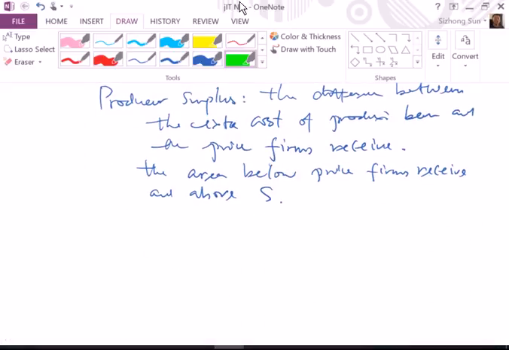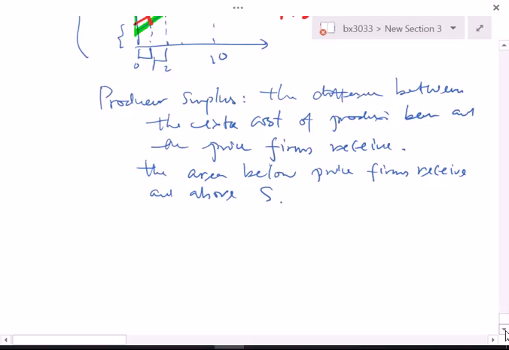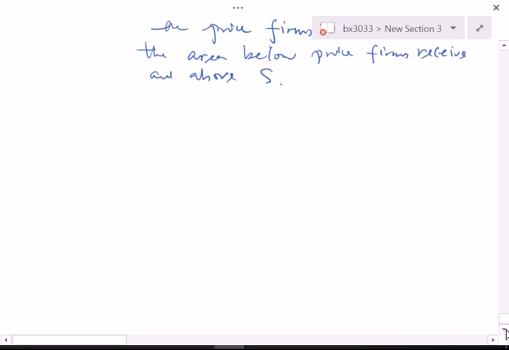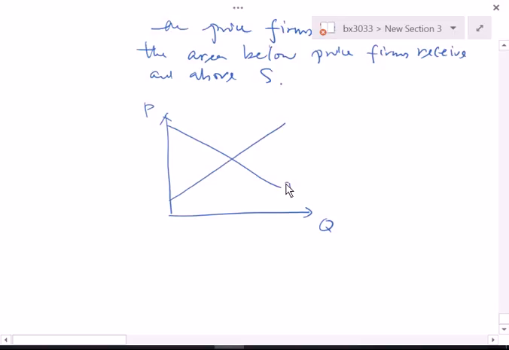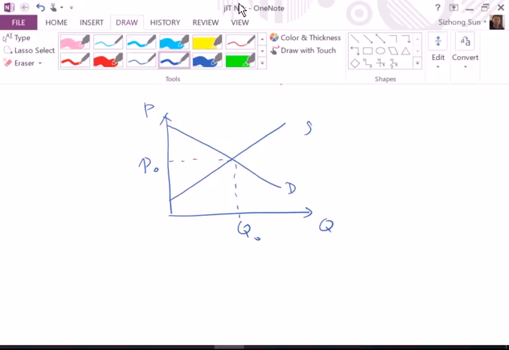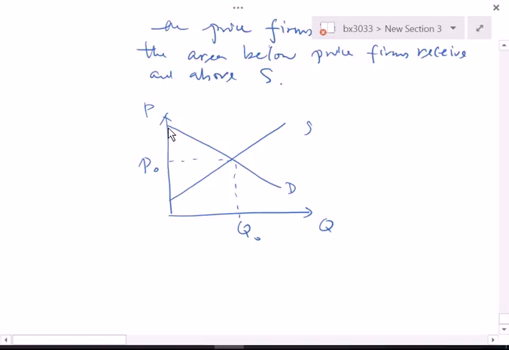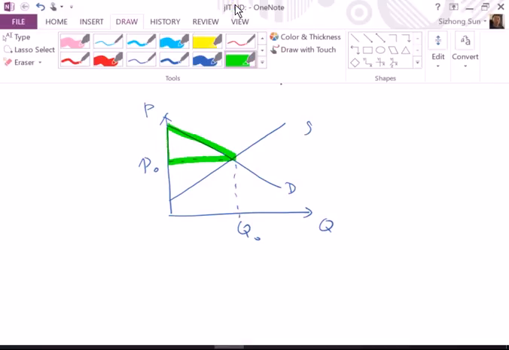So now let's put the demand together with the supply. That's the equilibrium. And we know that producer surplus is this area, this triangle. Consumer surplus is this.